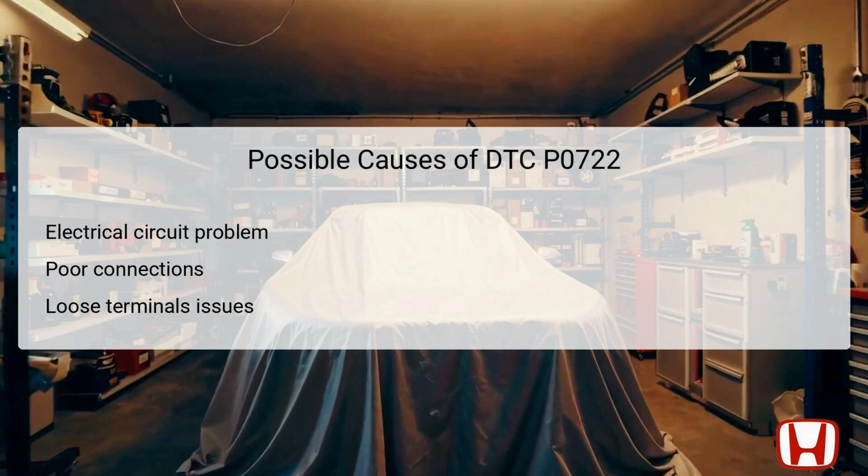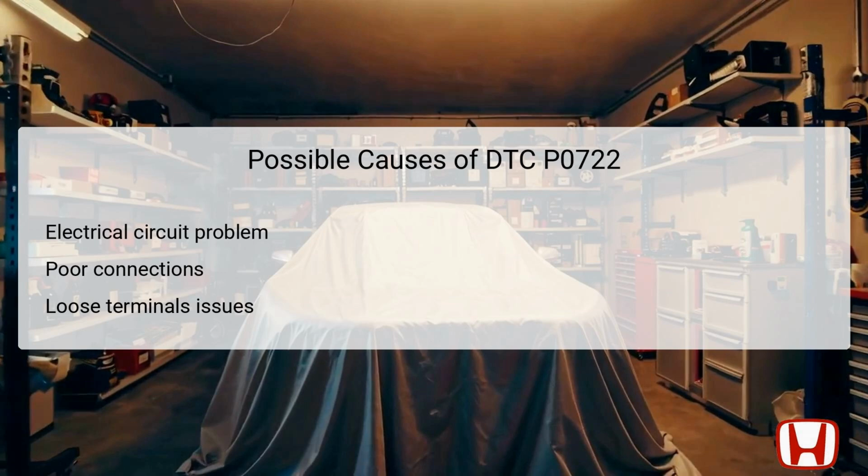The causes of the DTC P0722 can be primarily attributed to issues within the electrical circuit connected to the output shaft speed sensor. A common source of trouble is poor electrical connections, often stemming from corrosion, dirt, or wear and tear over time. Loose terminals in the wiring harness can also disrupt the signal sent to the PCM, leading to inaccuracies in speed measurement.